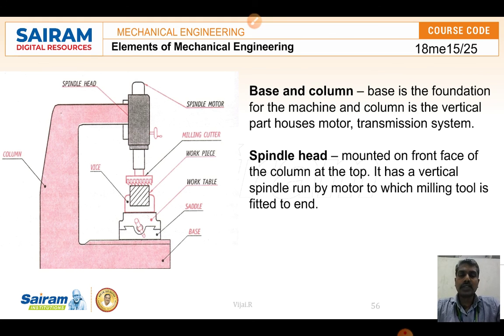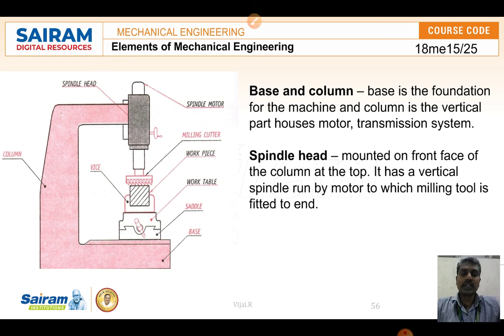The base and the column are very important portions. The base can withstand all the parts of the milling machine and helps in absorbing all the vibrations, so it is made of cast iron. It houses the motor, the transmission system and everything. The base and column are important for housing all the components, the spindle and motors.